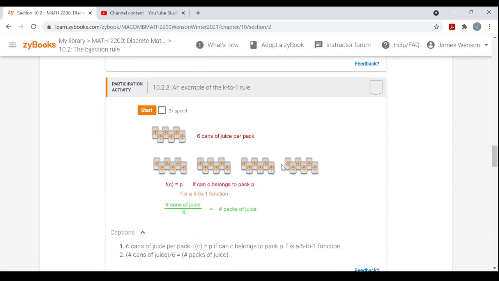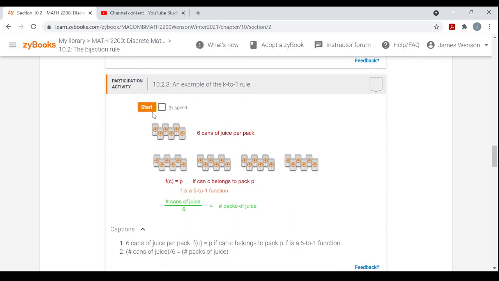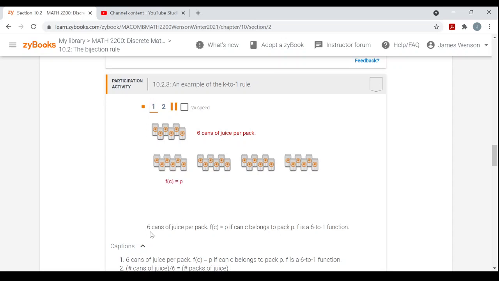So look at this example. Now I'll play this animation here. You see how there are 6 cans of juice per pack. So if f of c equals p, if can c belongs to pack p, then this function f that's being described here is a 6-to-1 function, right? Because for every pack number, there are 6 cans that map to that pack number, for every single one.